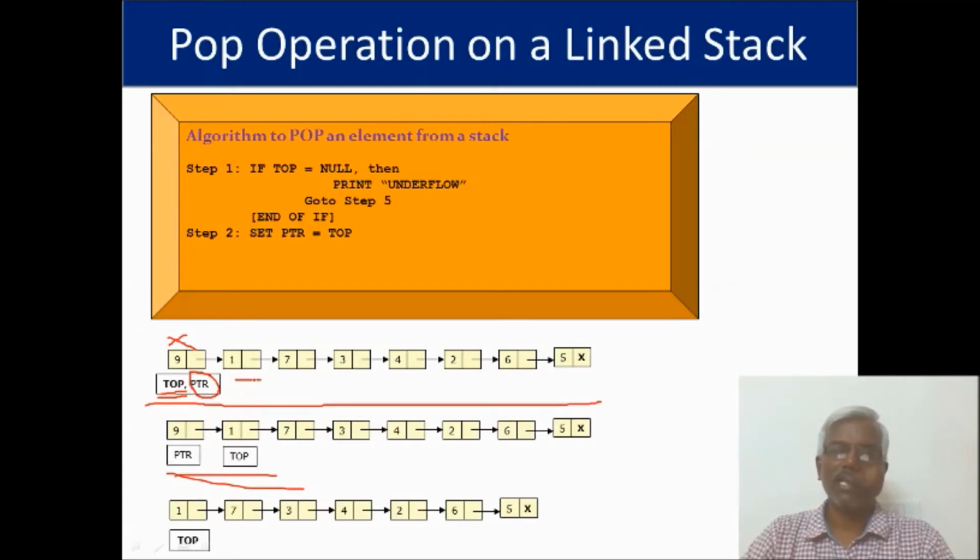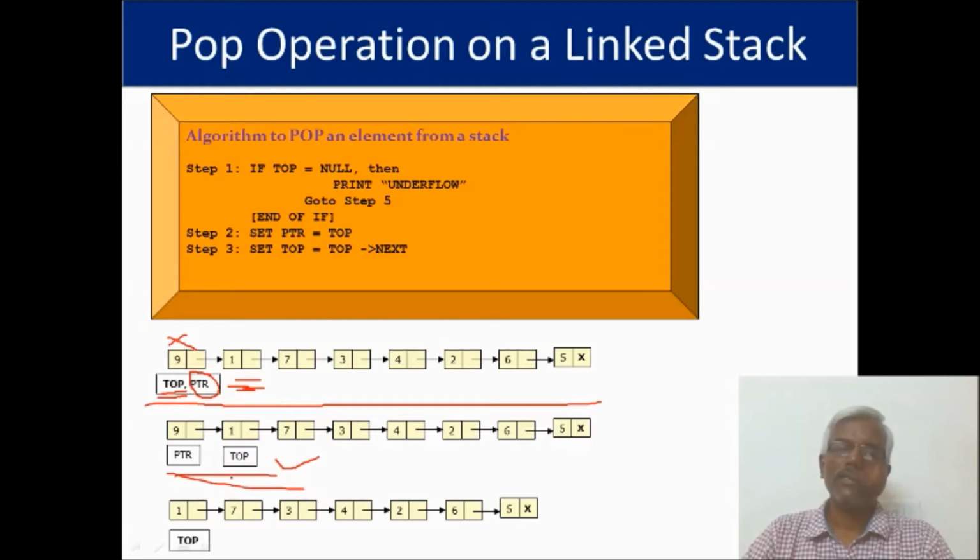So this is the top's next, that is, this element is the top's next. So what I have to write: top is equal to top of next. This is going to happen after the previous statement. The first node will be pointed to by pointer, and the second node will be pointed to by top.